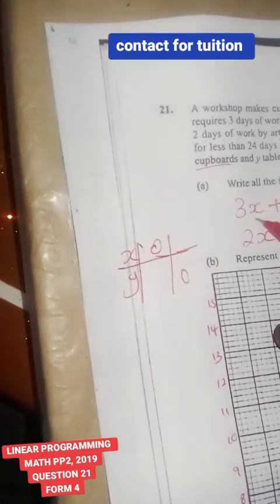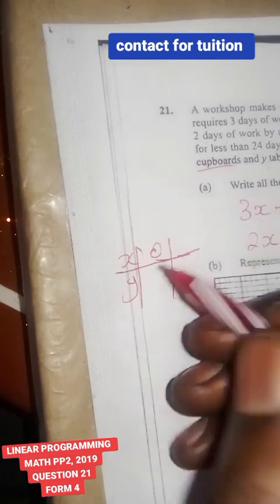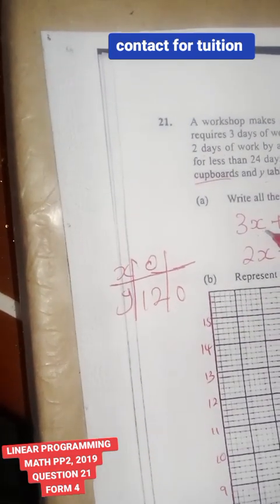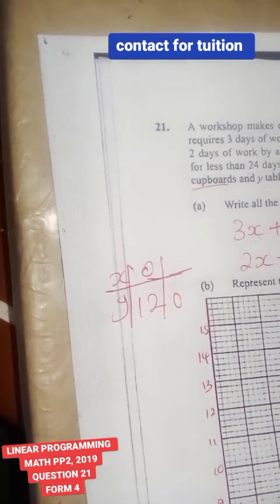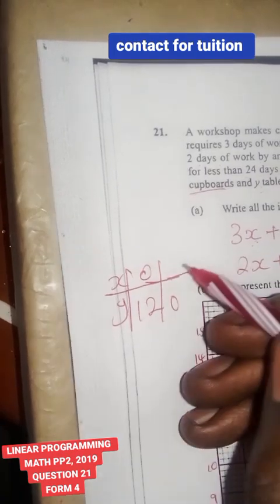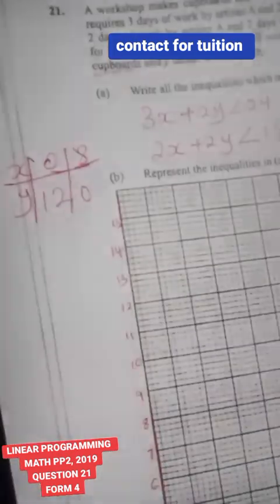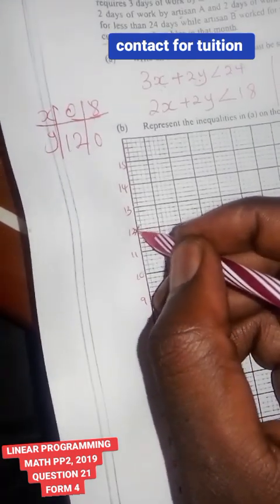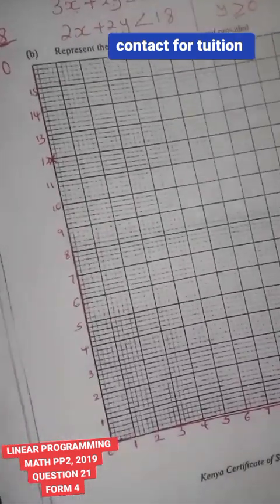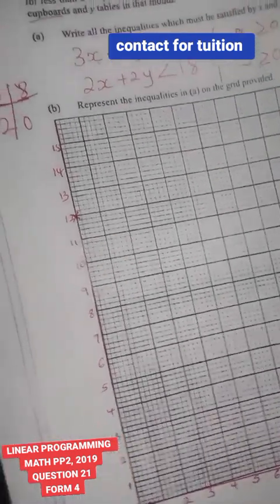If I substitute 0 here, it means I'm going to divide y by 2, which means that y is 12. If I substitute 0 in y, it will be 0, so divide here by 3, that is 8. So we have 0, 12, and 8, 0. So that is the first equation.